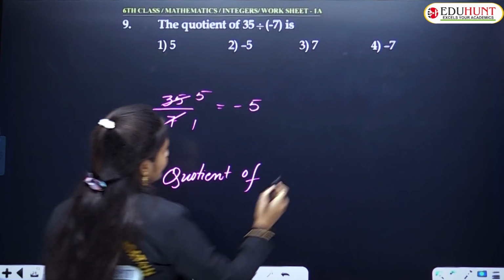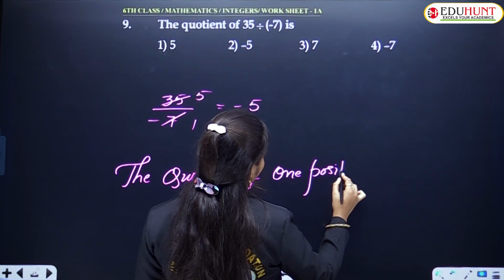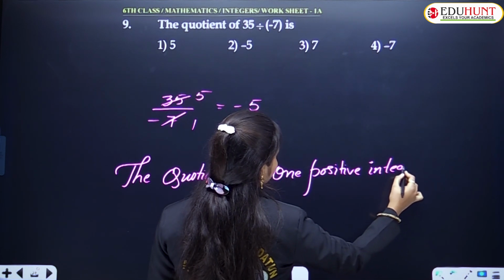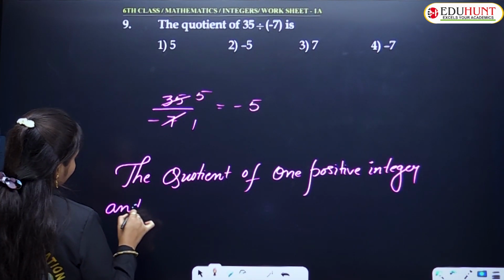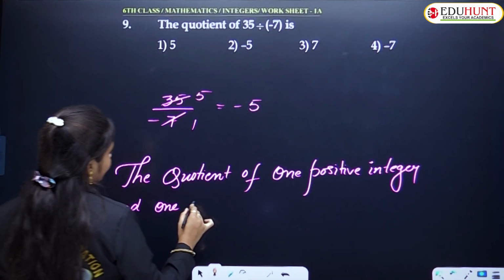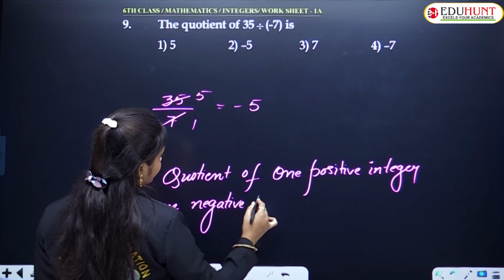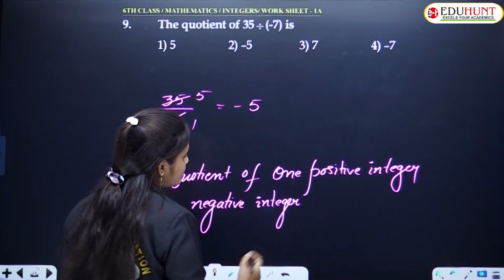The quotient of one positive integer and one negative integer is always negative.